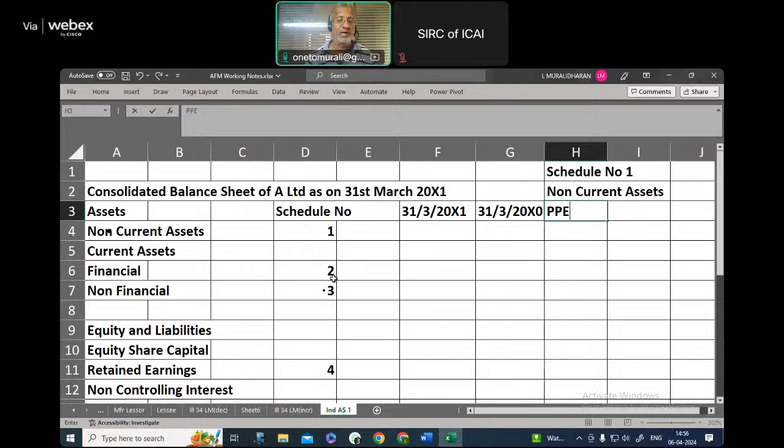So we have current assets, financial 2. Schedule number 2, financial. Under that, cash and cash equivalent.